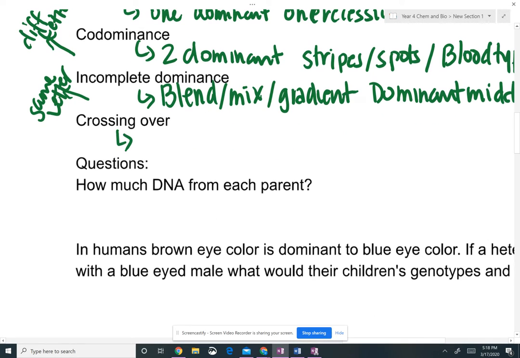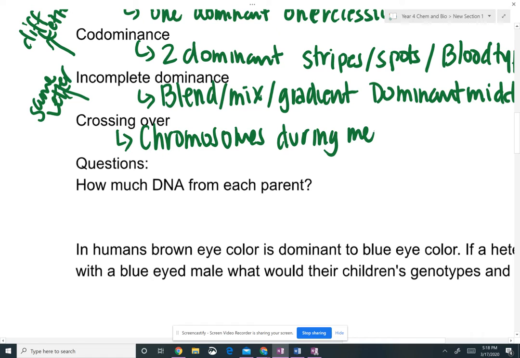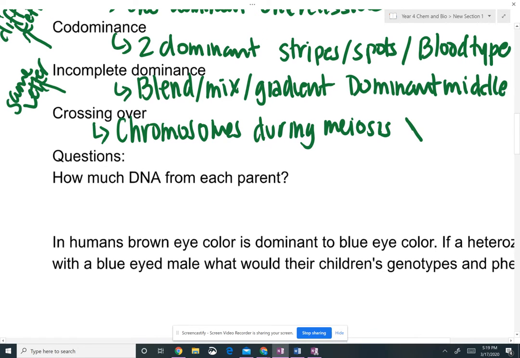Crossing over is our chromosomes during meiosis. Usually what will happen is that our two chromosomes look something like this, and they are going to trade info.